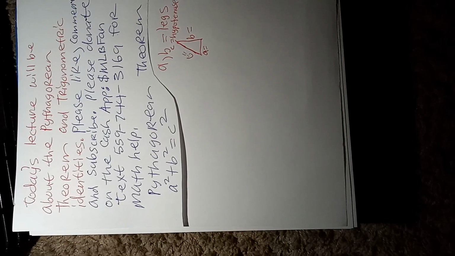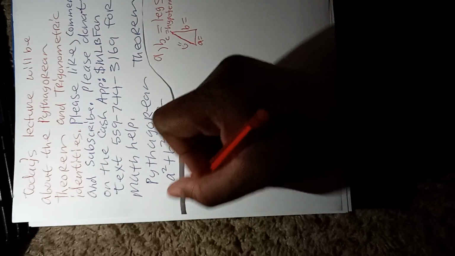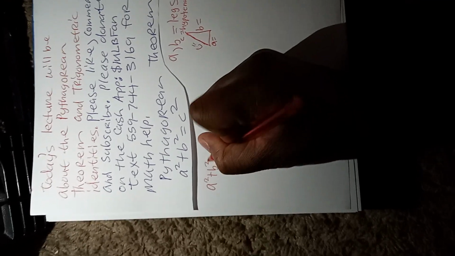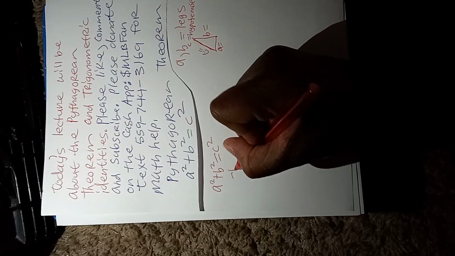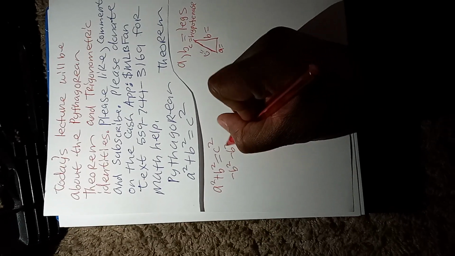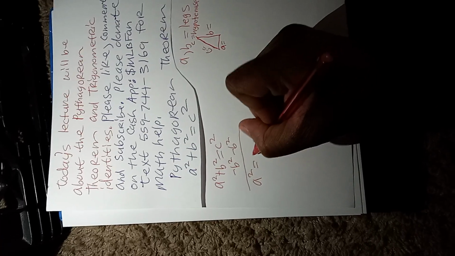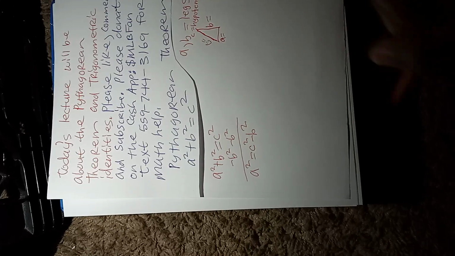So let's solve for a first. So a squared plus b squared is equal to c squared. So we have to subtract b squared from both sides. So a squared is equal to c squared minus b squared.